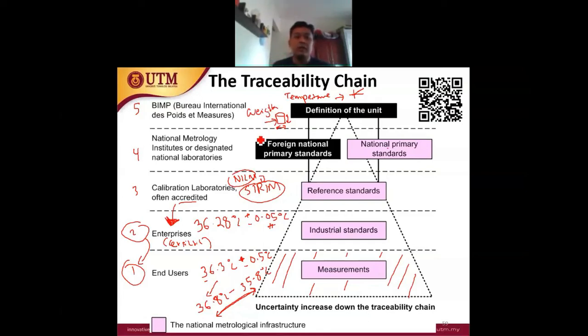So the national metrology institutes in other countries can replicate and reproduce it and then they can use it. Especially for the end user, for the society, they can realize it. They cannot give a definition that is not practical.